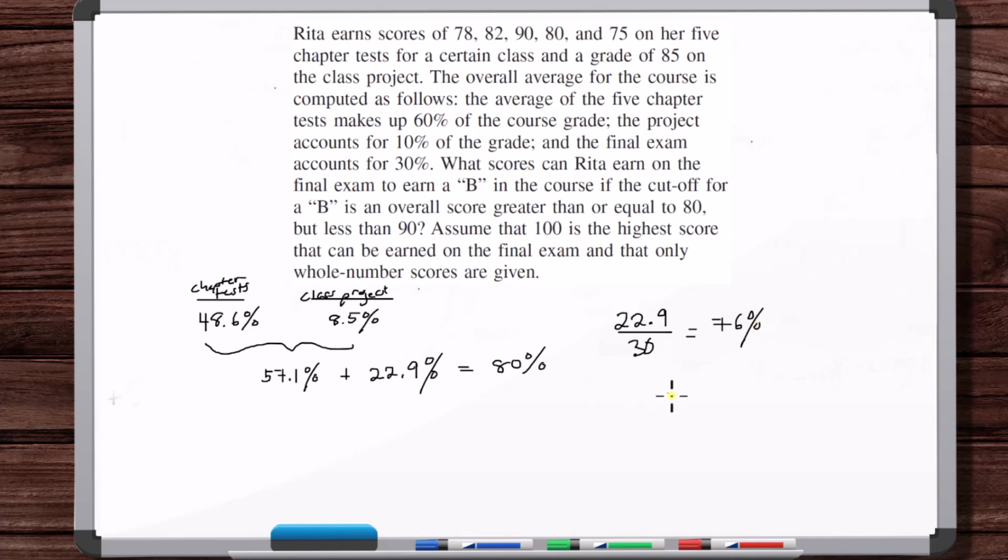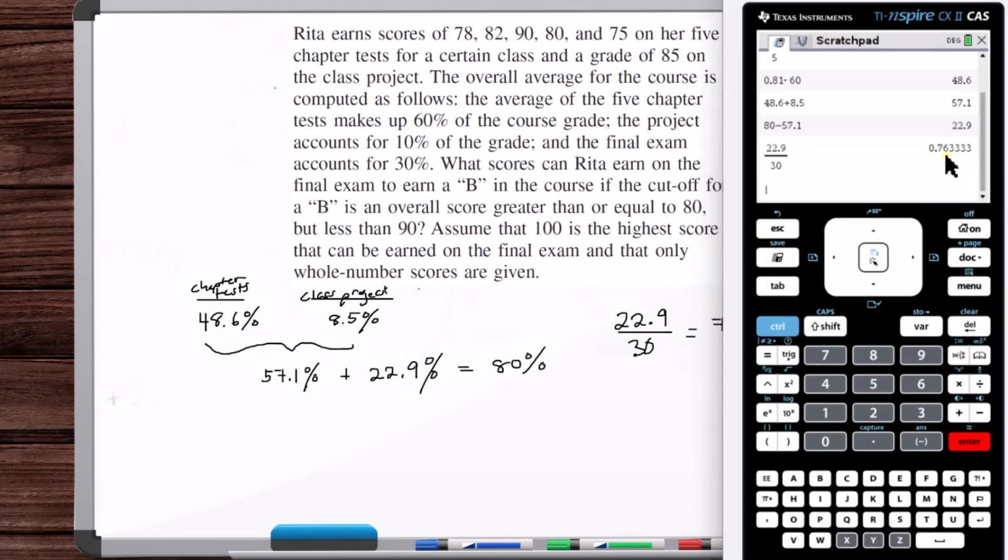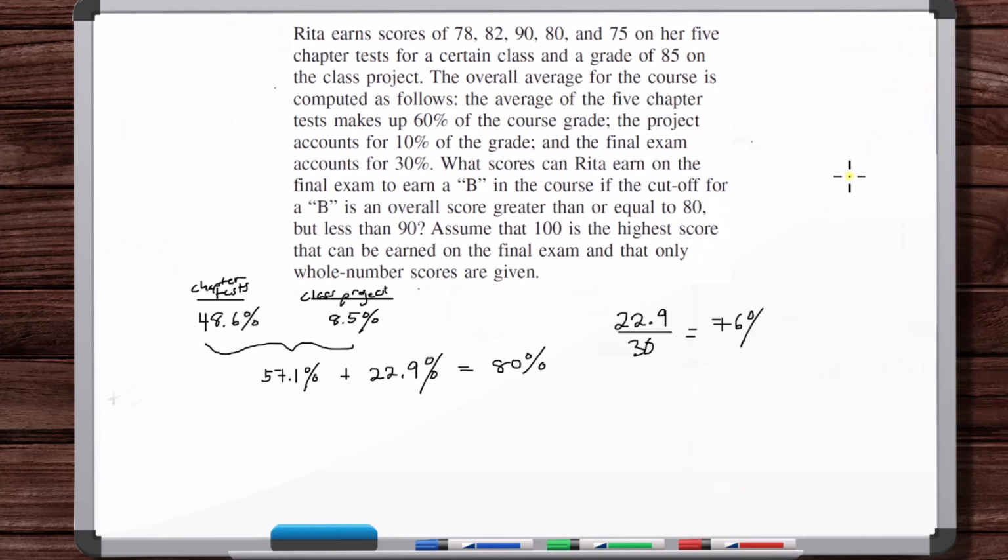Okay, so if she scores, let's say, no, I take that back. Let's say 77%, because I guess if she scored a 76%, she might have like a 79 point something. So let's say 77%. If she scores a 77%, she'll have an 80% average.